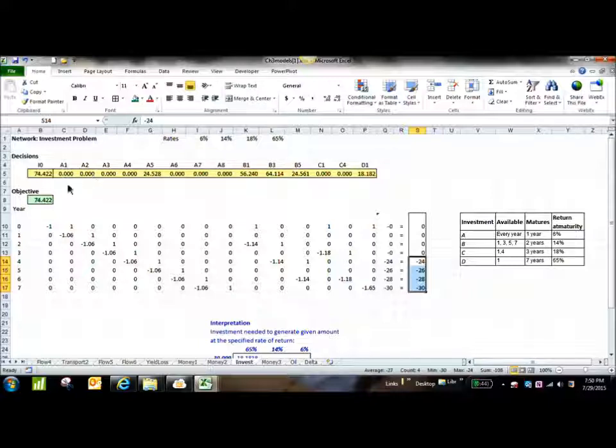And what they did is they invested this amount of money in account A in year 5. They invested in B the first year, in the account B. And after 2 years, they invested $64,114. And let me see.